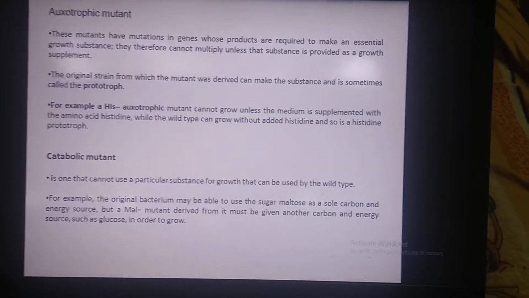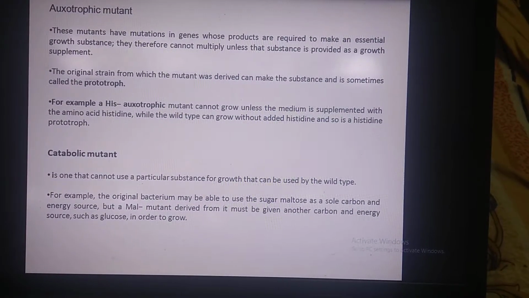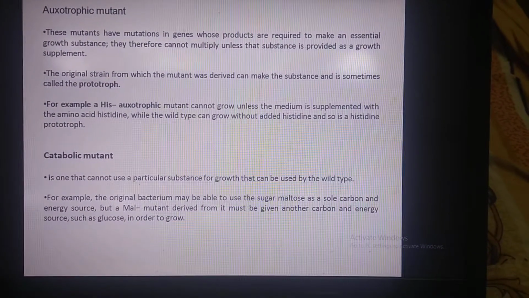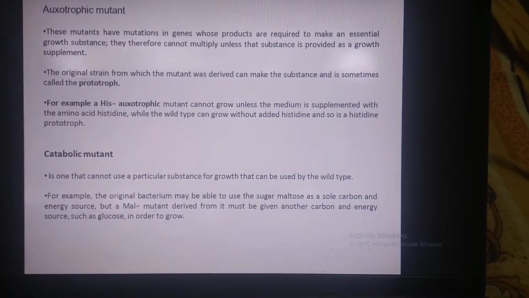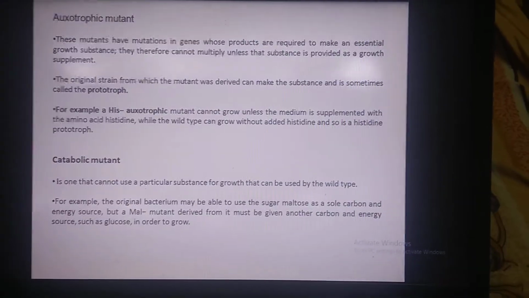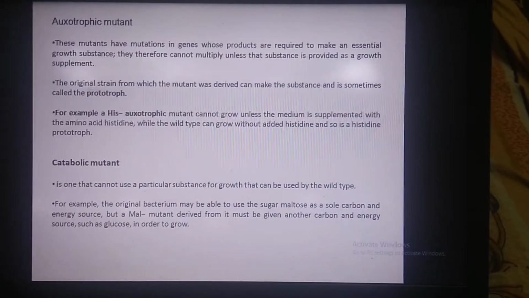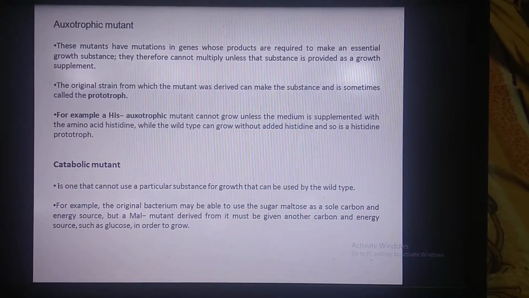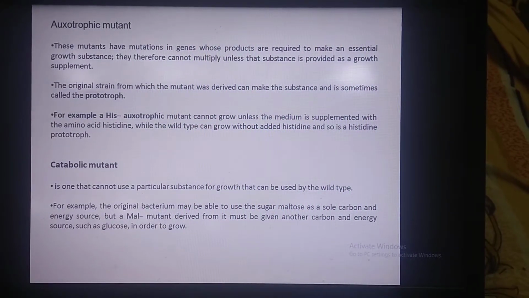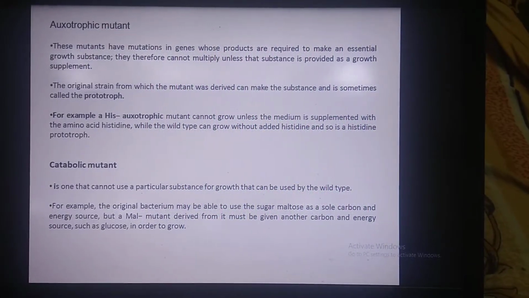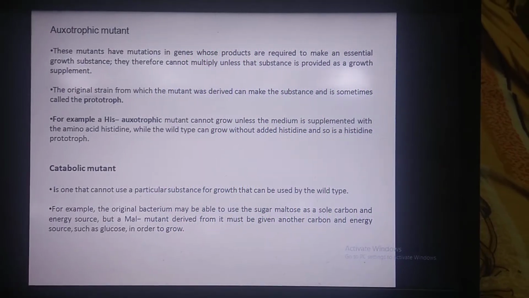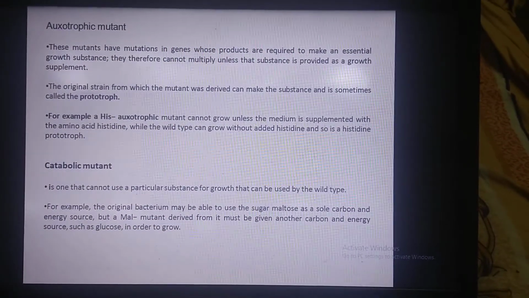They, therefore, cannot multiply unless that substance is provided as a growth supplement. What does that mean? Suppose you have an E. coli strain which has a mutation in a gene that is used to produce the amino acid histidine, for example.